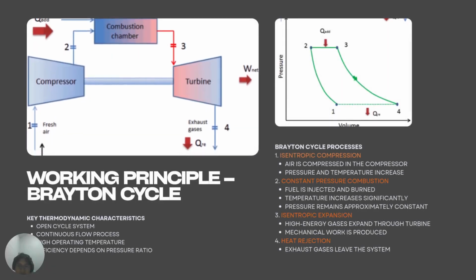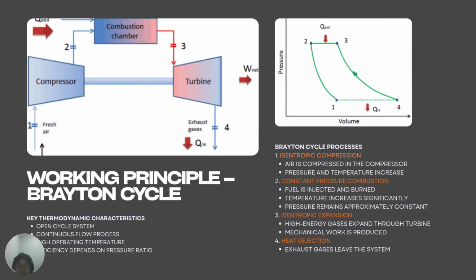The gas turbine operates based on the open Brayton cycle. First, air undergoes isentropic compression in the compressor, increasing its pressure and temperature. Second, combustion occurs at nearly constant pressure, where fuel is burned and the temperature rises dramatically.